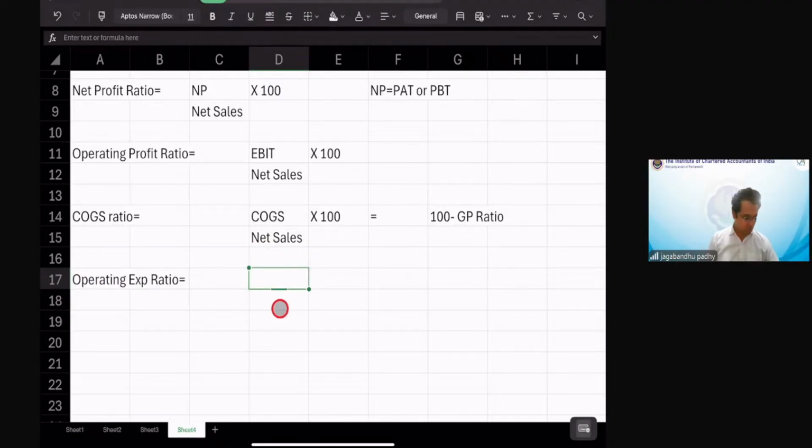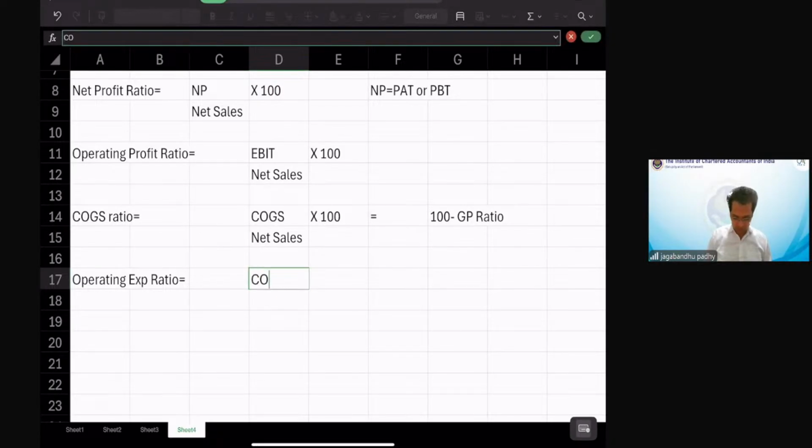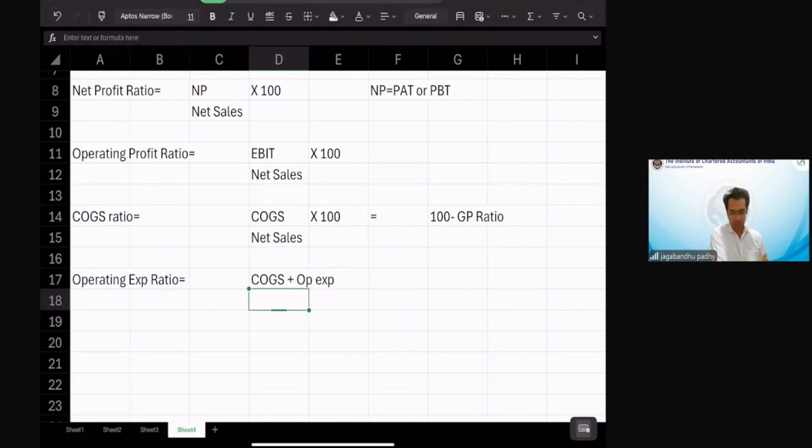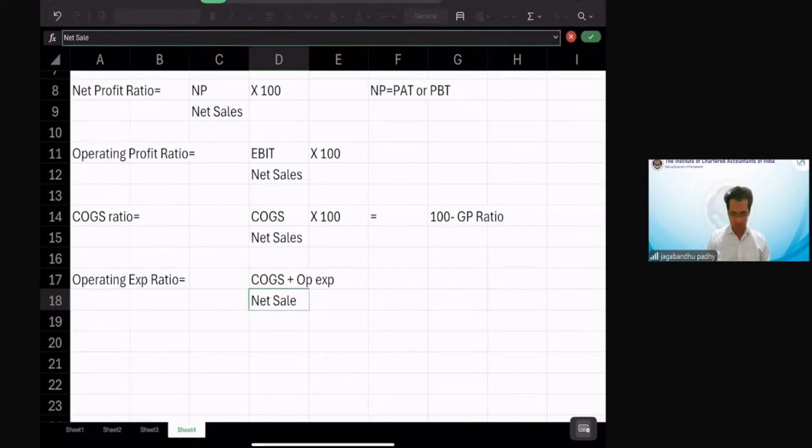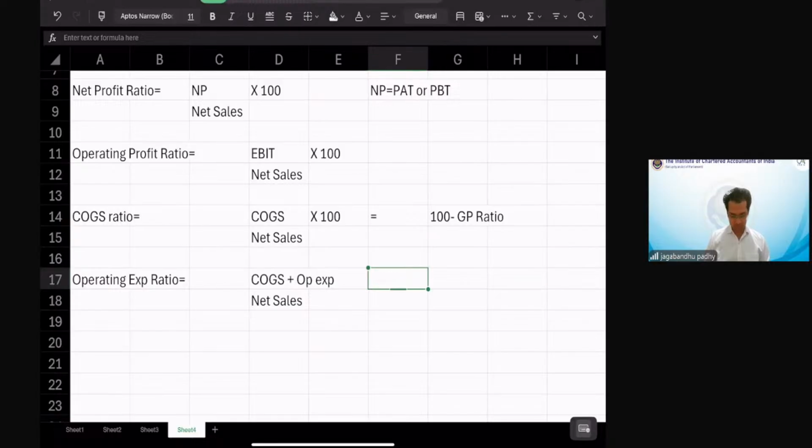Operating expense ratio. Operating expense ratio, that will be computed as COGS plus operating expense upon net sales, that into 100.